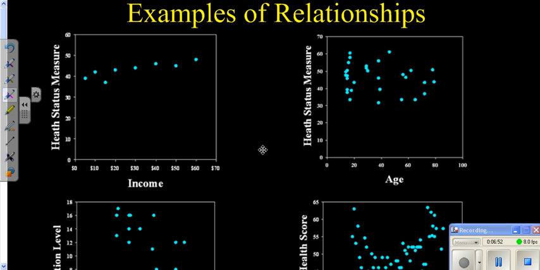So here's some more examples of relationships. Here we have income versus your health status. And for the most part, there's a slight upward trend here of the higher your income, the better your health status. Here we're looking at age and health status. And you'll notice they're definitely up, but there's really not a whole lot of relationship here.